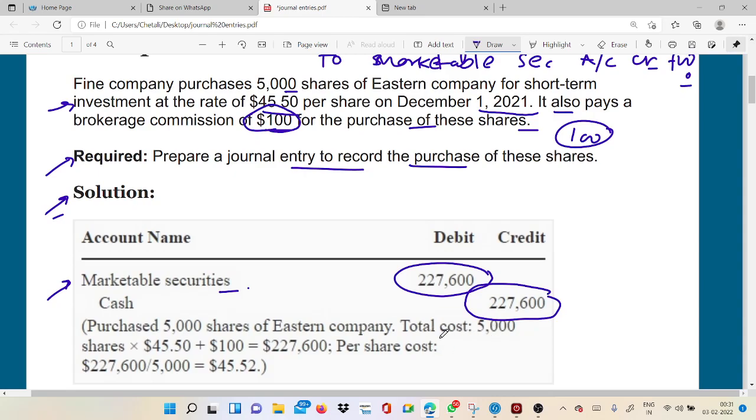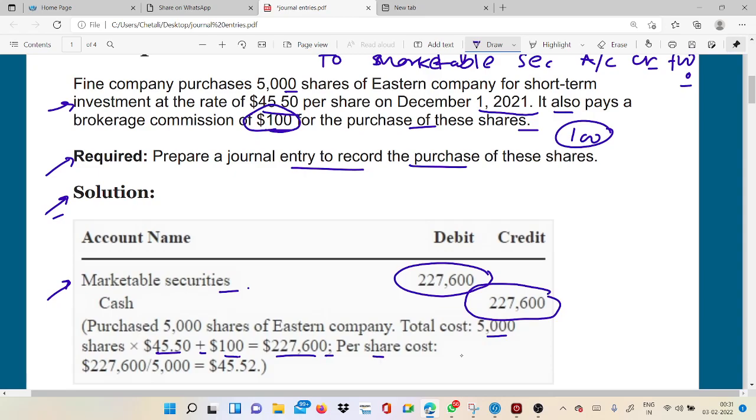How can we calculate the total cost? It means the acquisition value or purchase value, so how much you're going to pay, correct? So the shares into the price plus the brokerage or the commission that we have paid, that will have to be added. And once you do this, you will have a cost of around 2,27,600, right?